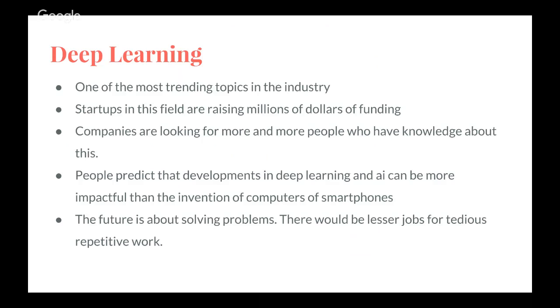The future jobs would include solving problems and writing intelligent algorithms, and all the jobs which you see around, which include tedious repetitive work, would no longer exist. This is considered the next big thing in the technical world.